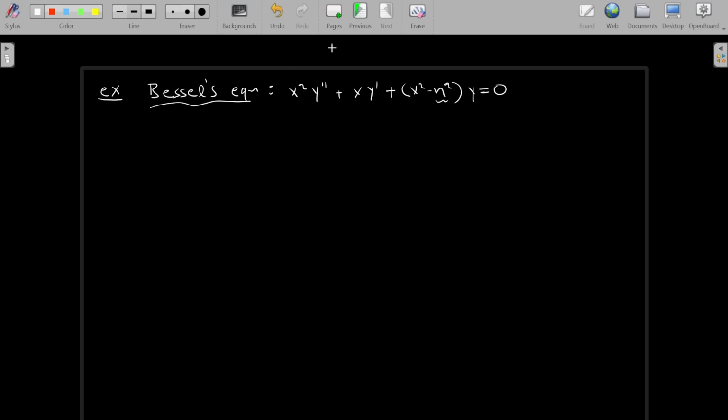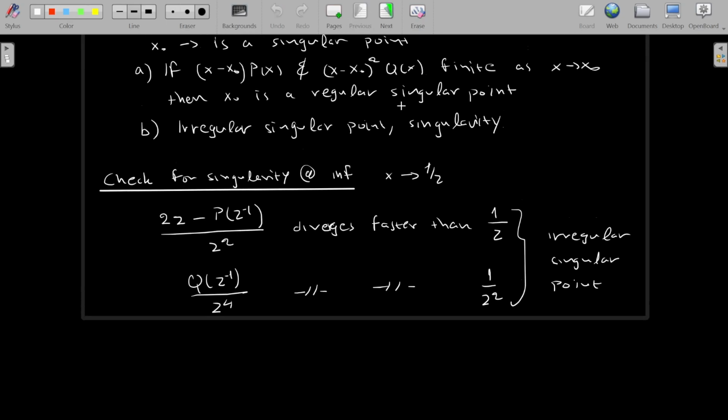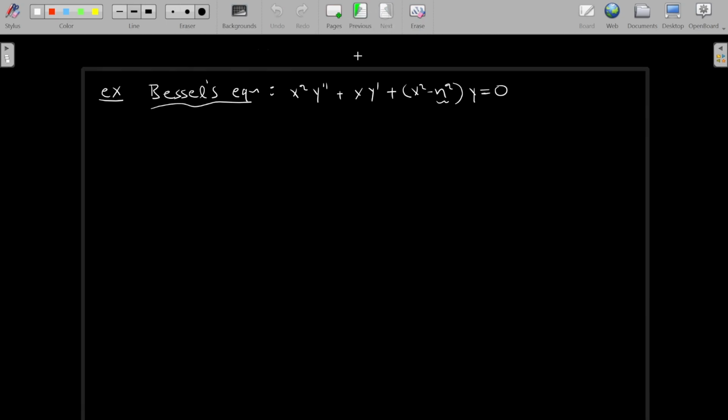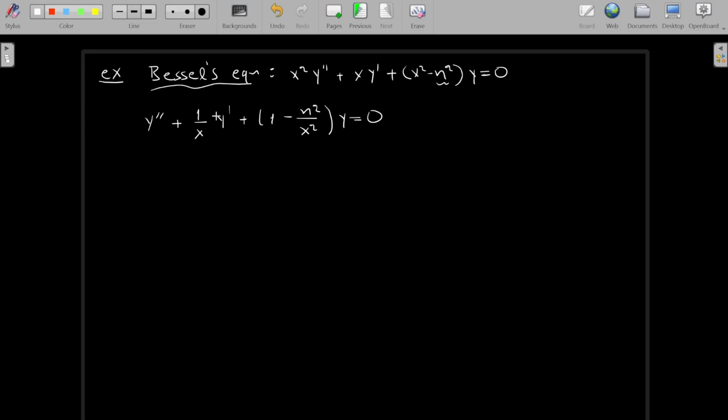Now, if you write it into the canonical form, this can be written as y'' + (1/x) y' + (1 - n^2/x^2) y = 0. Now, to check if there is a singular point at 0, because this is what we usually check, we usually want power series to be expanded around 0, but of course this is not binding.